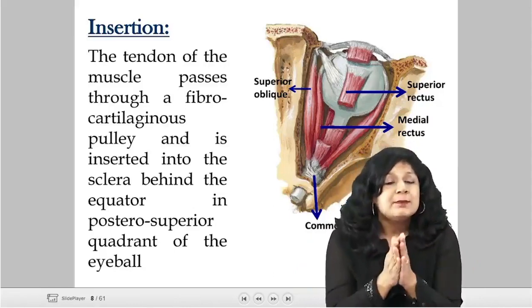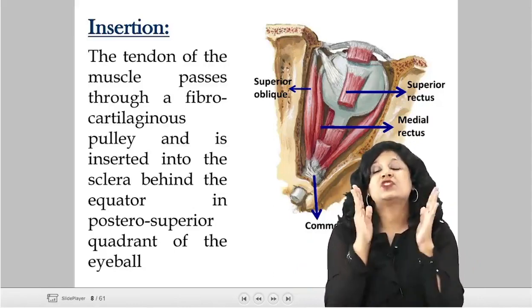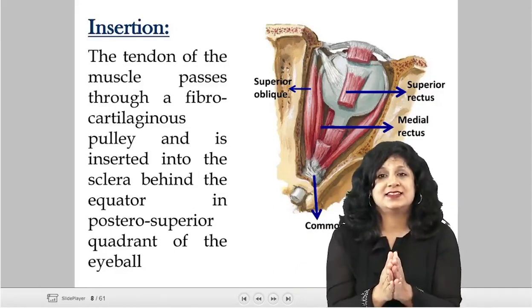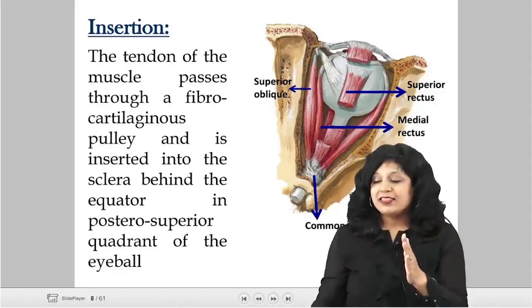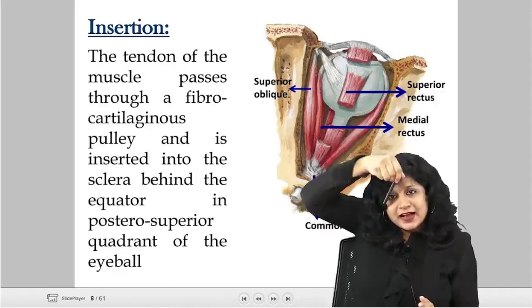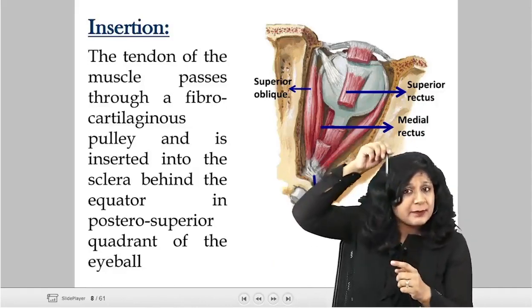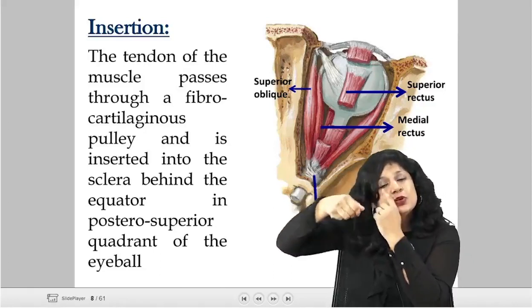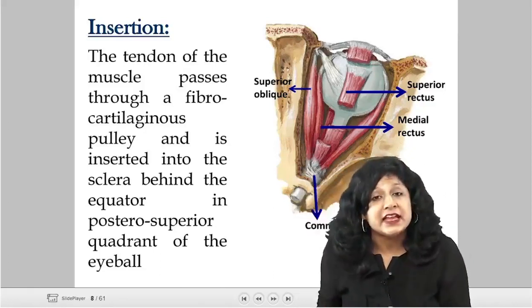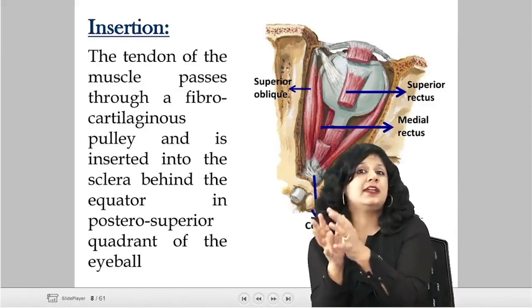But when I am talking about the oblique muscles, which are there at a large axis, their main action is the rotatory action, and they form the pulley and go backward like this. It comes behind, then hooks here and goes back. So these muscles are inserting posterior to the equator.